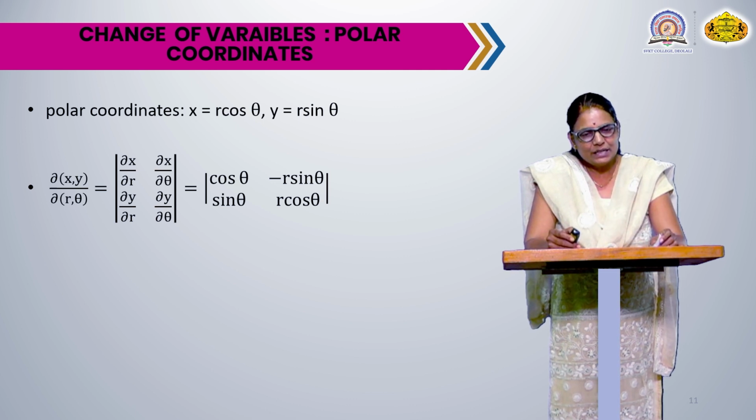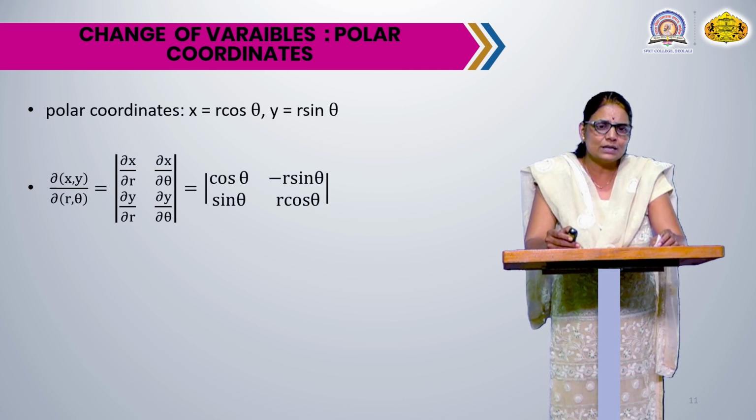So it is a determinant whose first row is the partial derivatives of x with respect to r and theta, and second row is the partial derivatives of y with respect to r and theta. Now first, to obtain the first row of this determinant, differentiate x with respect to r and theta.